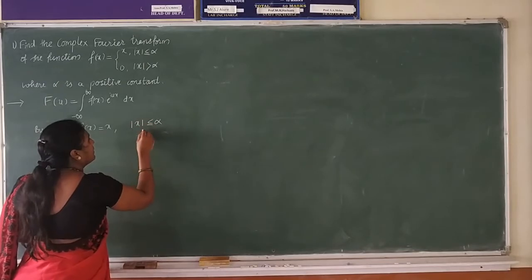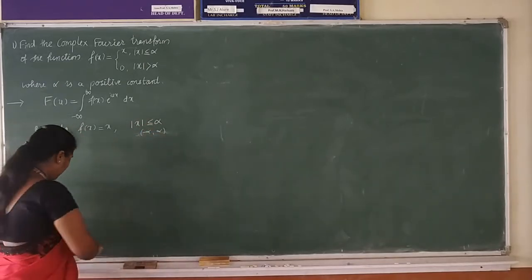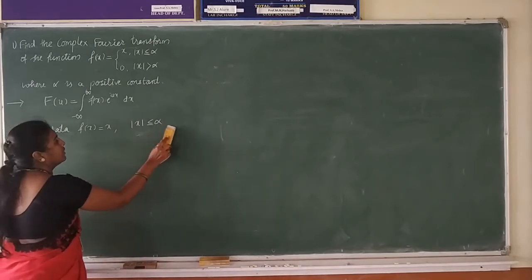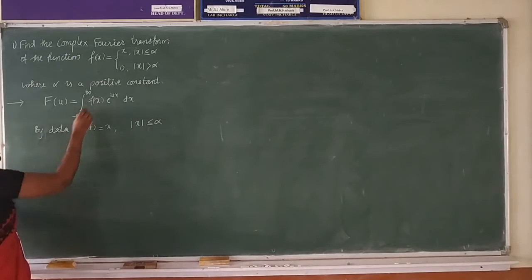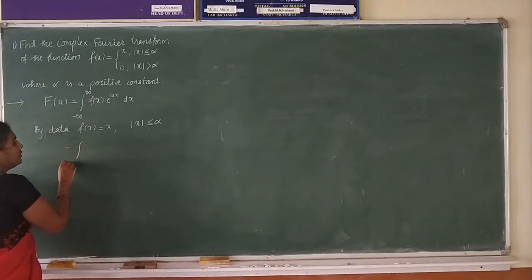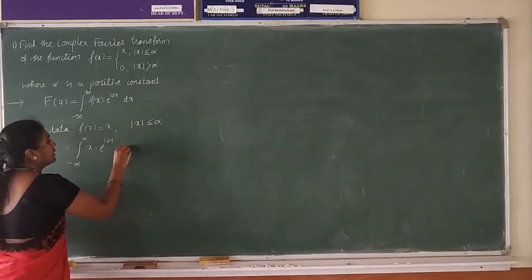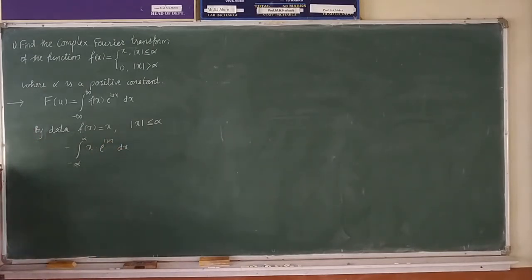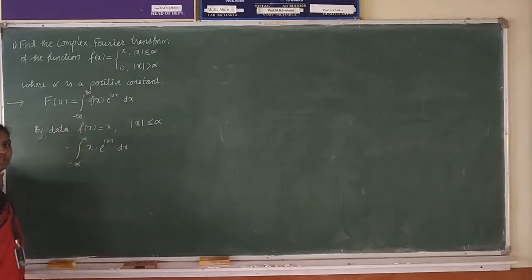By taking this interval, we can find the Fourier transform. Now the limits are minus alpha to alpha, and f of x is x into e to the power iux dx. This is by substituting the given f of x and the limits.